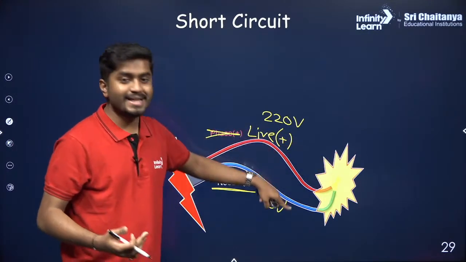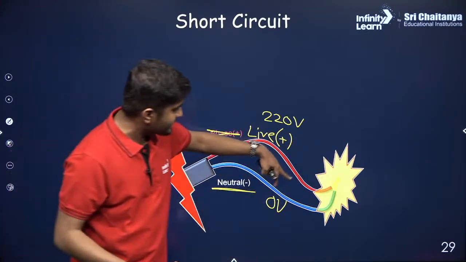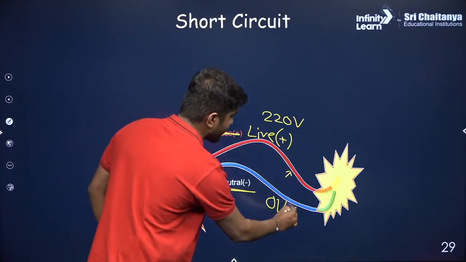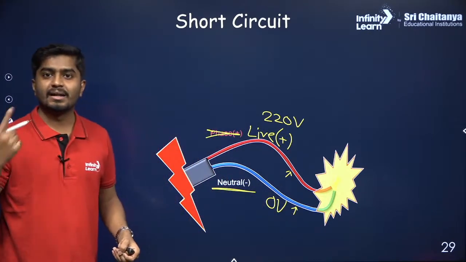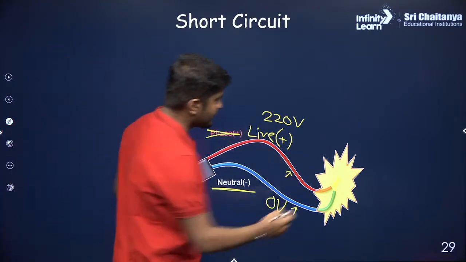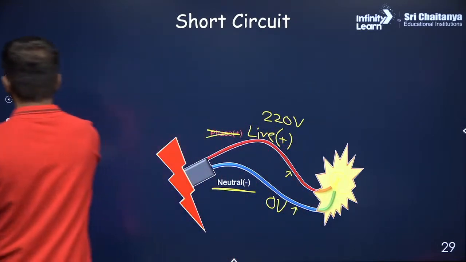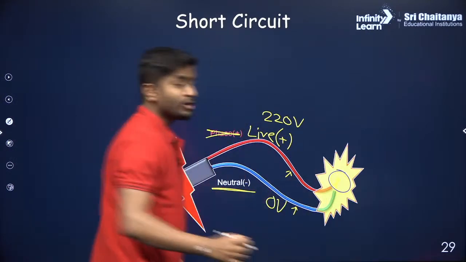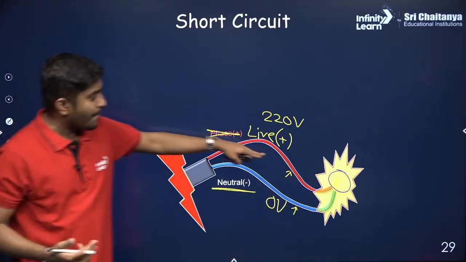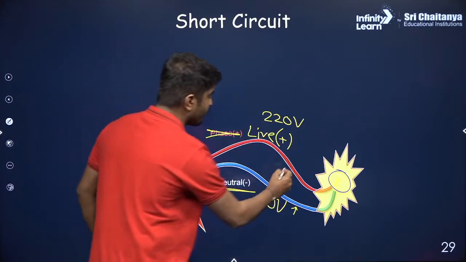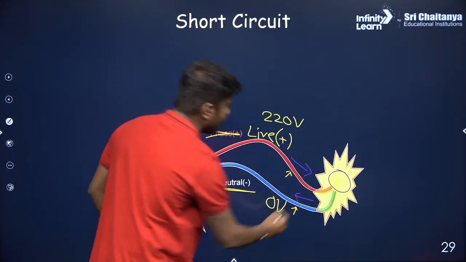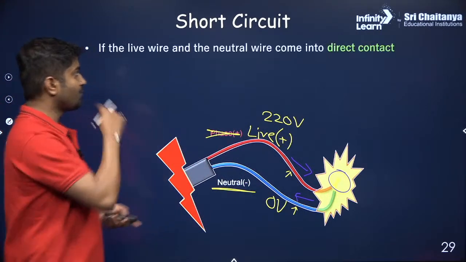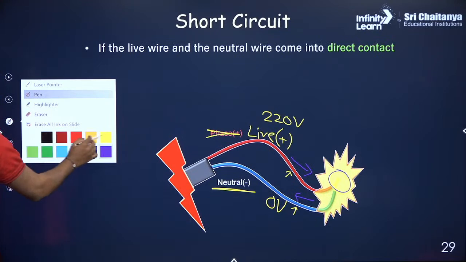If there is damage to the insulation, which is plastic or rubber, with a metal wire inside, and these two metal wires come in contact with each other, suddenly a lot of current will flow from the live wire to the neutral wire. A lot of current will flow, and because of that, what will happen? This process is called short circuit.